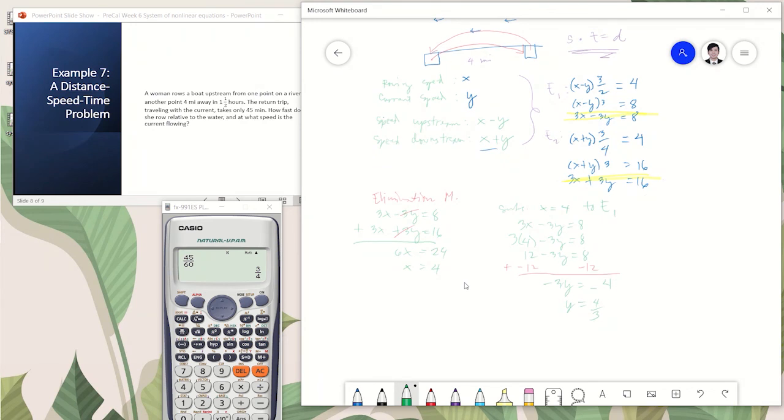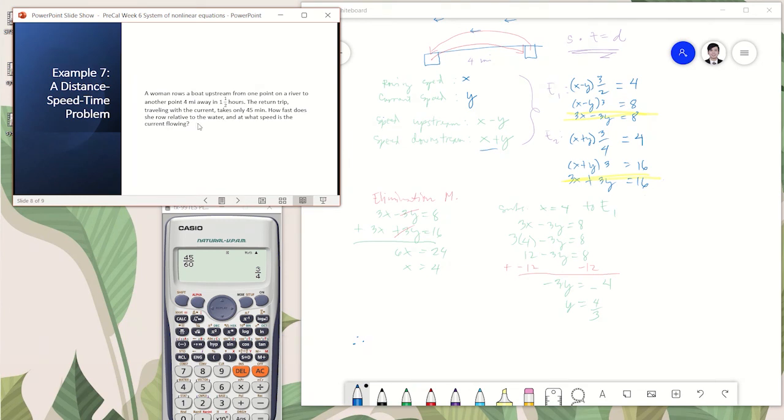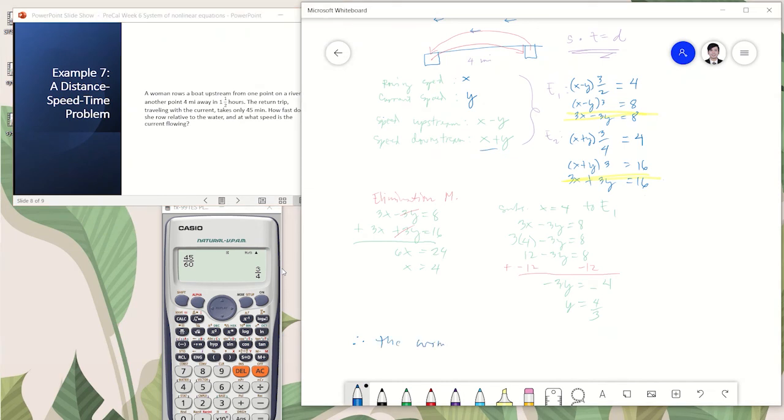Okay? So the question again is how fast does she row relative to the water and at what speed is the current flowing? So our x represents again the rowing speed and the current speed is y. So the woman rows at 4 miles per hour. That's our x. This is the rowing speed of the woman.